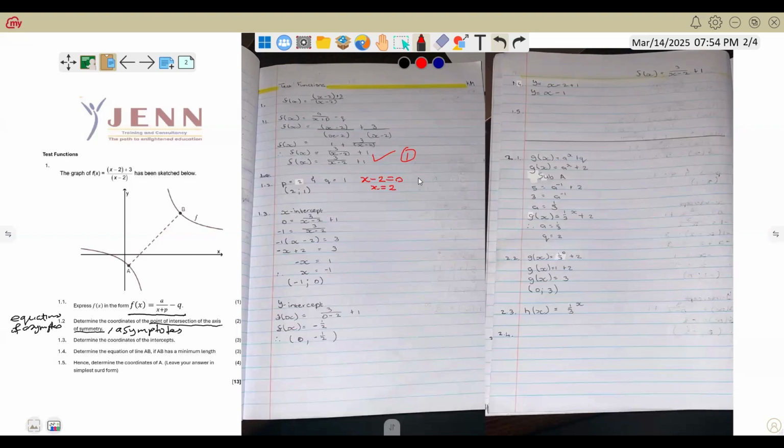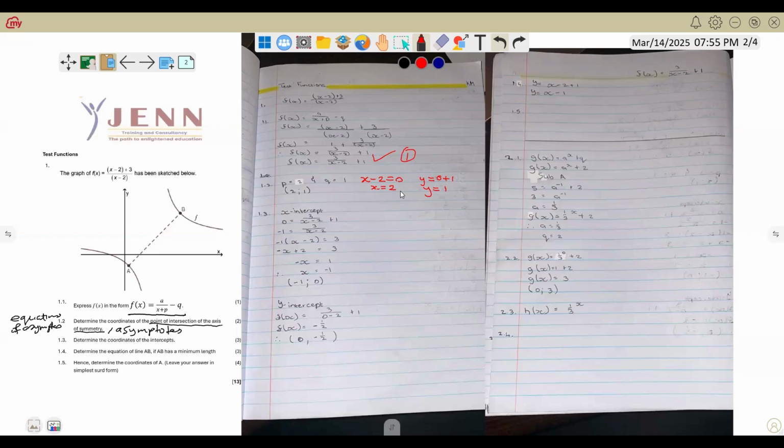Are you seeing that? Yes, sir. Then for the other one, y, the fractional part you treat as 0, because our numerator a must never be 0. So this is y equals 0 plus that part which is not a fraction. So it becomes y equals 1.